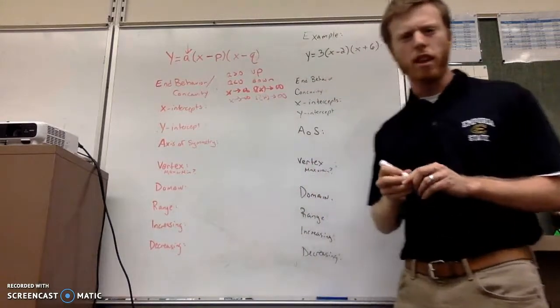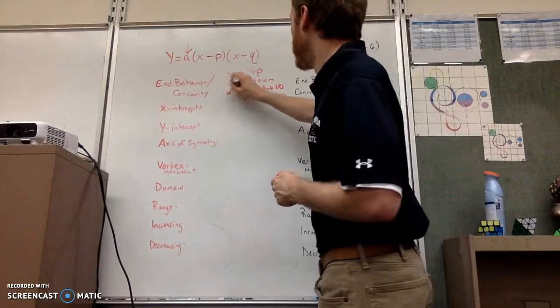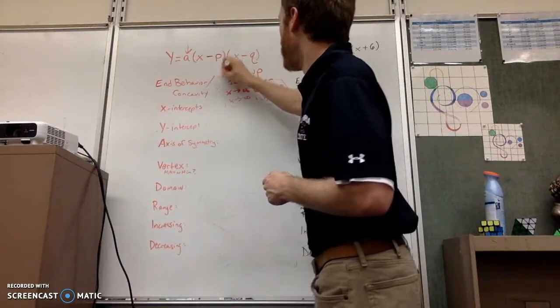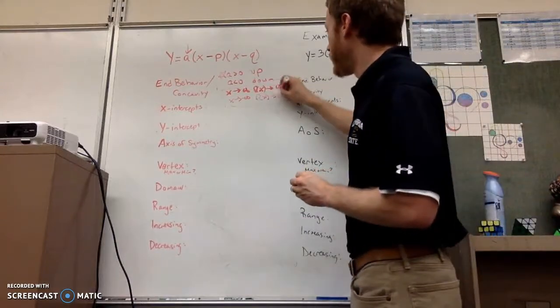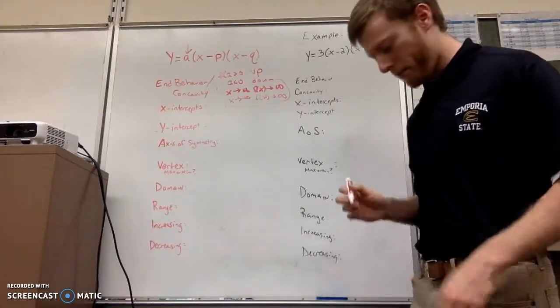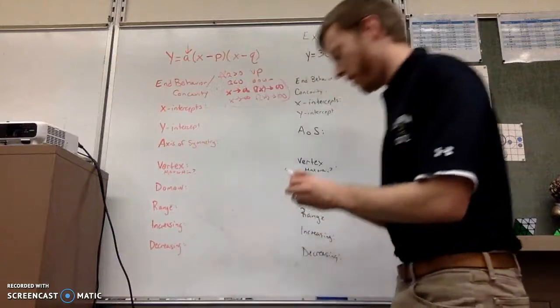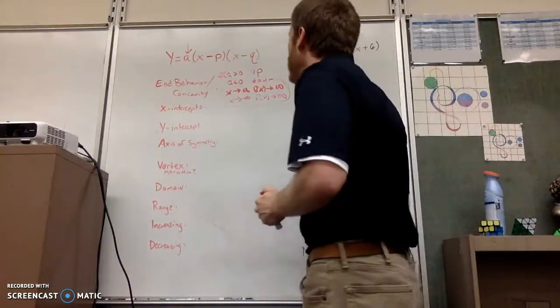That's if it's up. Now, if it's down, then you just throw negatives out in front, again just like we did last time. This red pen's already dying here.